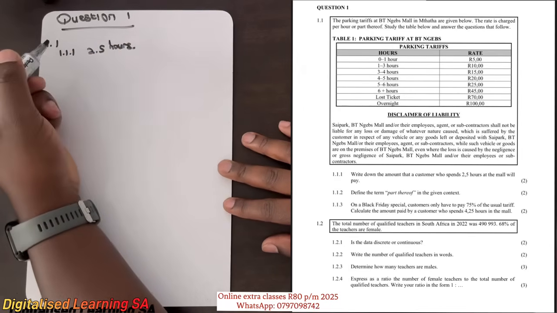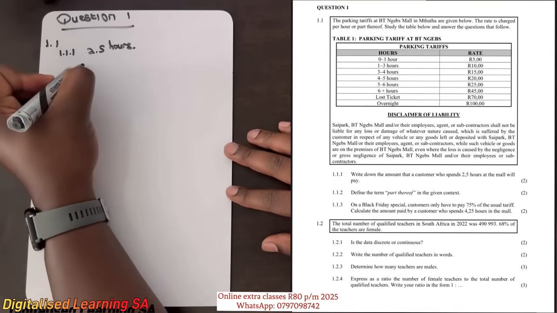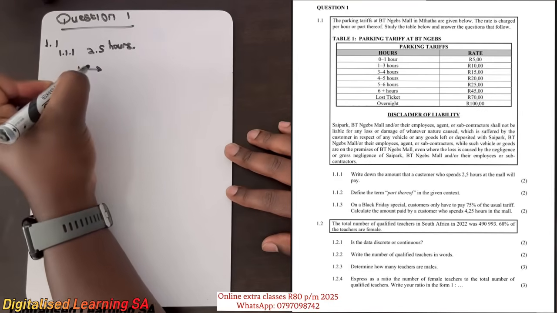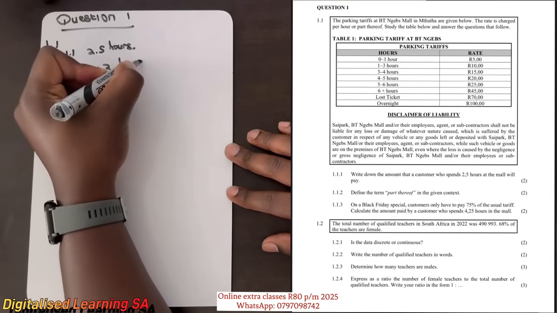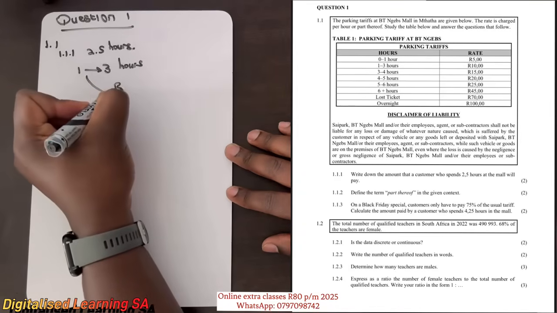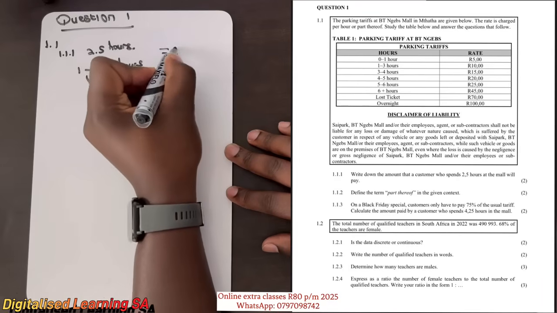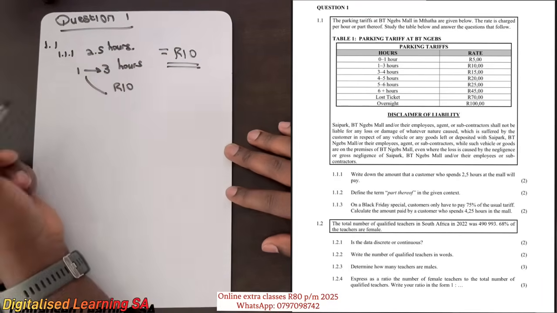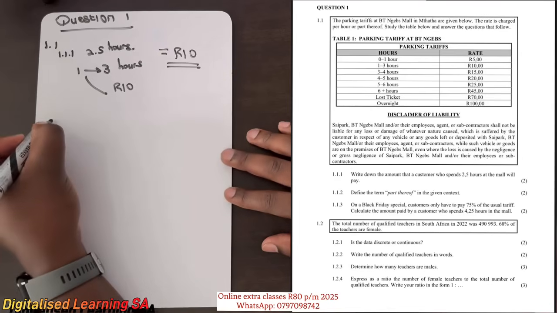If we check the third column, we can see that from 1 hour to 3 hours, the rate is 10 rand, meaning that our answer is going to be 10 rand.